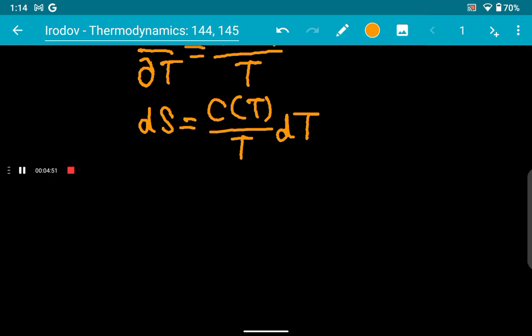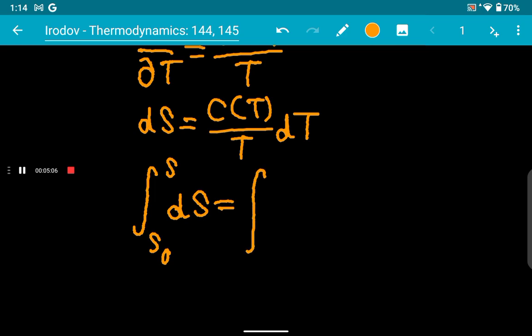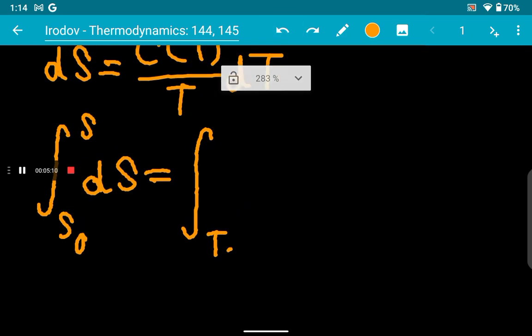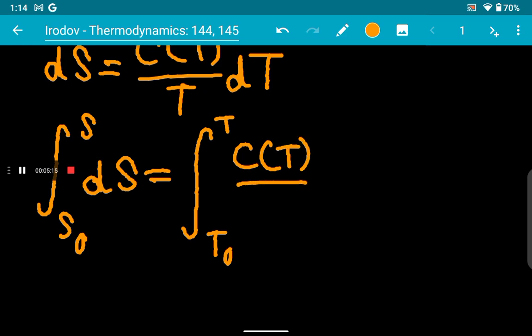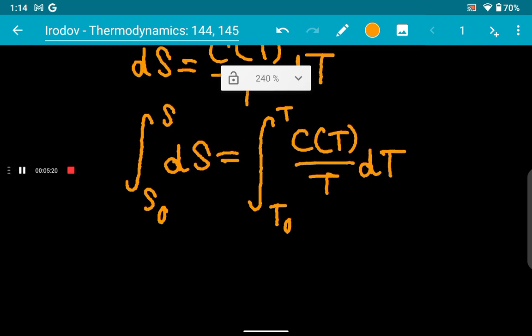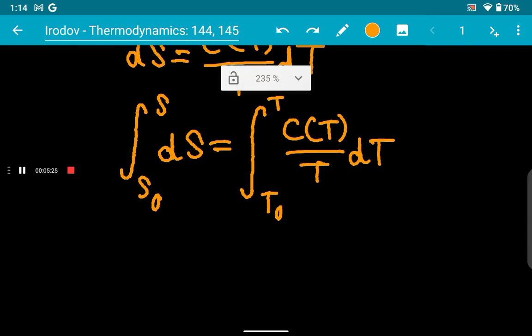So now let's integrate. After integrating, we will get a very general formula for these types of problems. S minus S naught is equal to the integral from T naught to T of C(T) by T into dT. So let me write the general formula now.